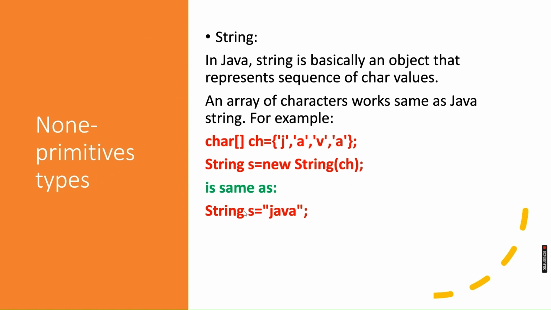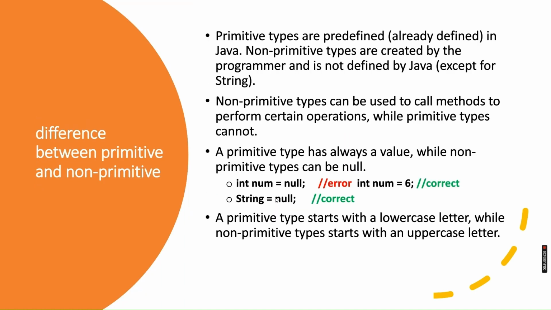If we type s, we can do some operations. If we press dot, it will show you a list of operations. For example, we can change all the Java letters here to uppercase or to lowercase, or compare this string to another. So there are some methods we can operate on this string. Whereas if we create a primitive type, we can't do that.